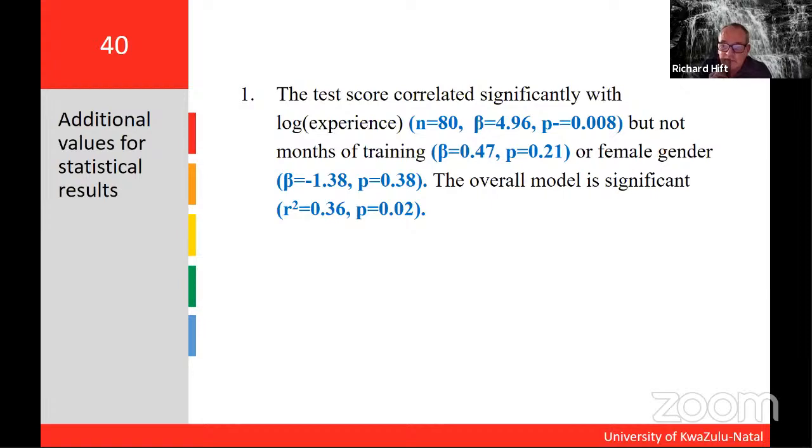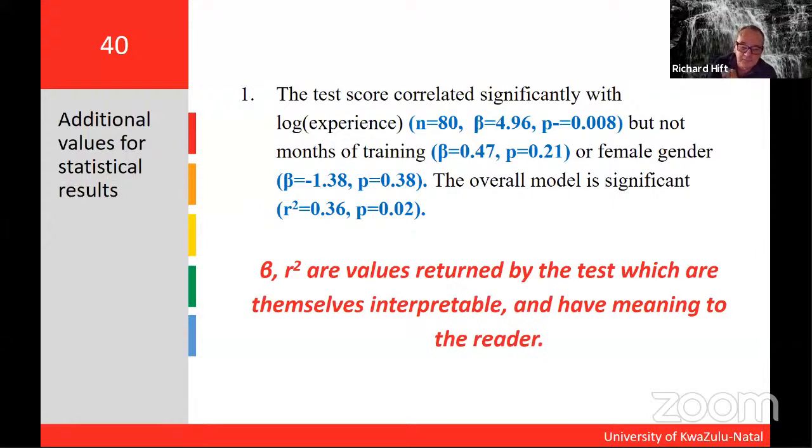And the p-value. And then overall, they want the r-squared value, which gives you some idea of how tightly the model you've come up with actually fits and explains the data. As I said, beta and r-squared are values returned by a multiple regression, which are themselves interpretable, have meaning to the reader, and the journal editors would like them.